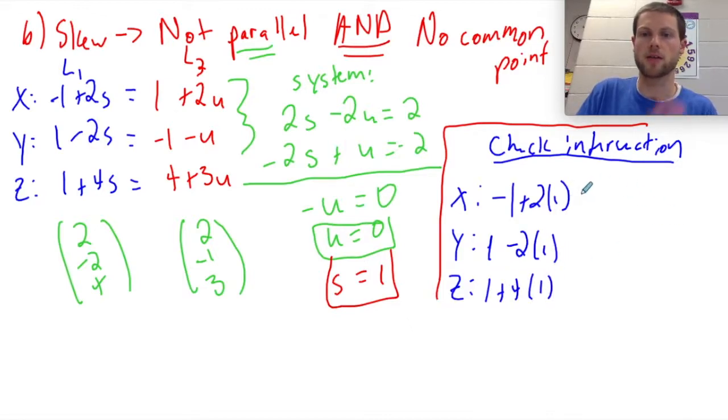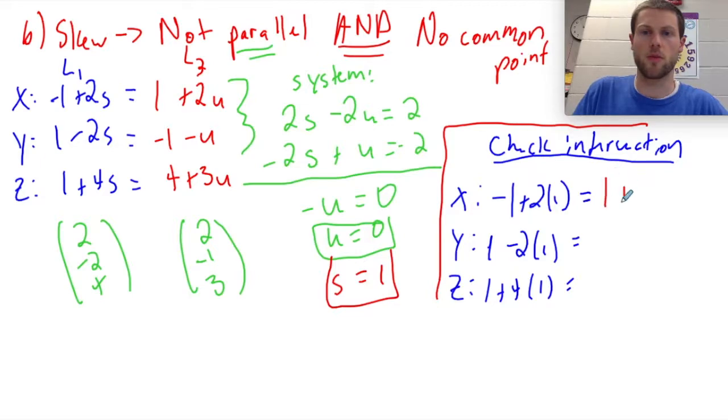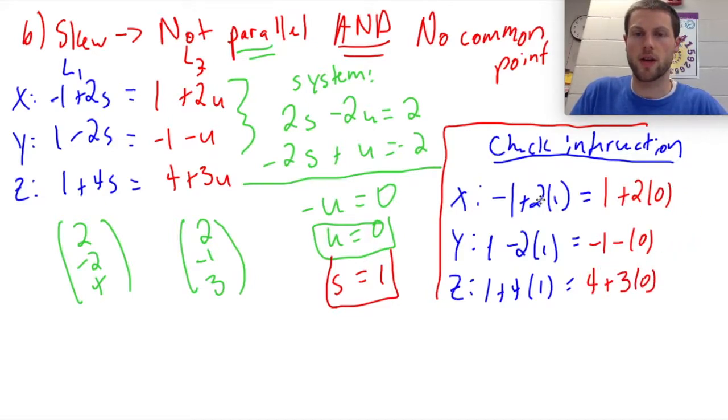That's plugging in my s, and that should equal all of my L3s. So that's going to be 1 plus 2 times 0, and -1 minus 0, and then 4 plus 3 times 0. And as I run down the line here, both of these are equal to 1, so that's good. Both of these are equal to -1, so that's good. Now this one here is equal to 5, and this one here is equal to 4.